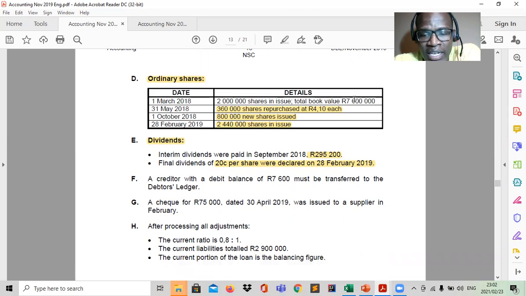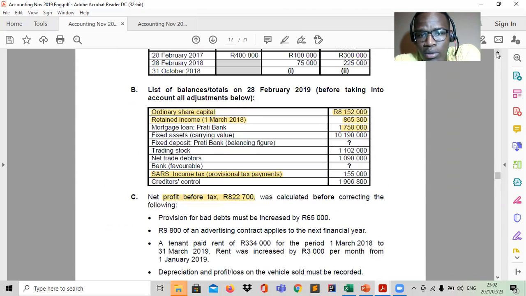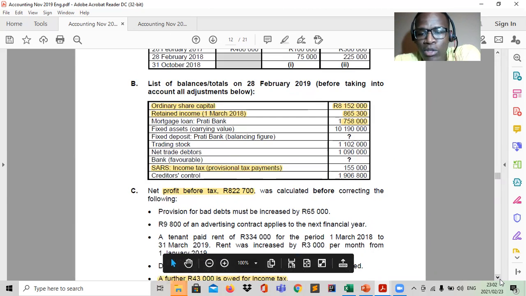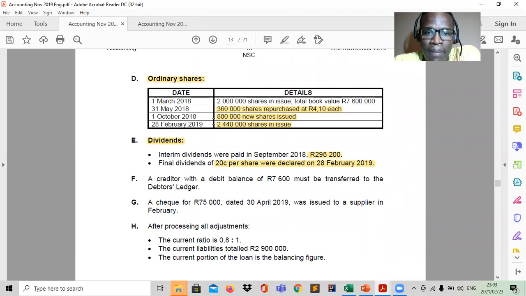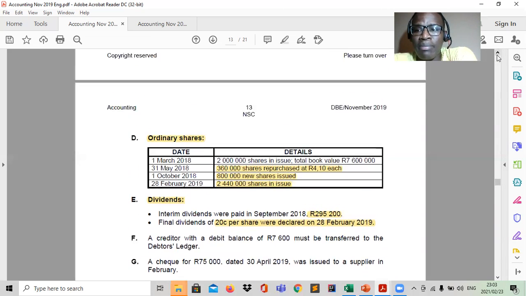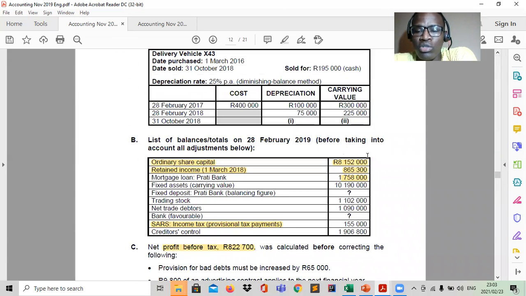But if it increased, because it was 7.6 million and now it moved to 8 million 152,000, it means there were additional shares that were issued, right? So this transaction, as you can see, 2 million shares minus 360 shares plus 800 shares is equal to 2.44 million shares. It means it has already taken this transaction into account. So we can conclude that, based on this information, this is the closing balance.